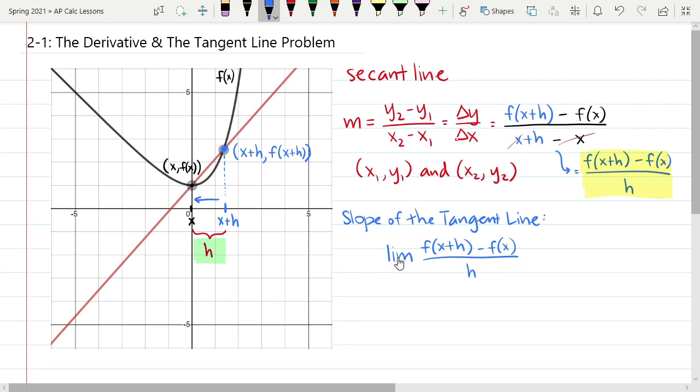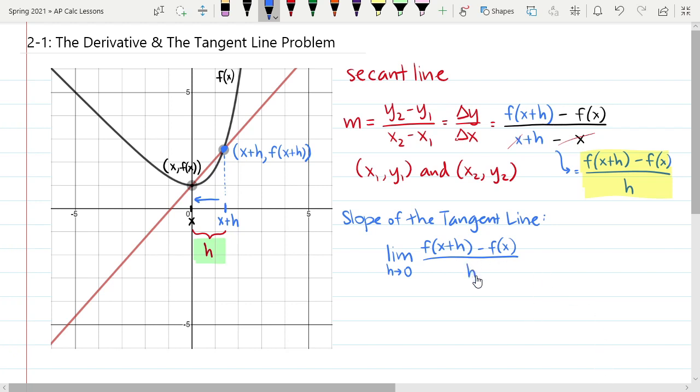So we're doing this, the limit of the slope of the secant line as h gets closer and closer to 0. In other words, as the second point gets closer and closer to the first point. And this right here would give us the slope of the tangent line.